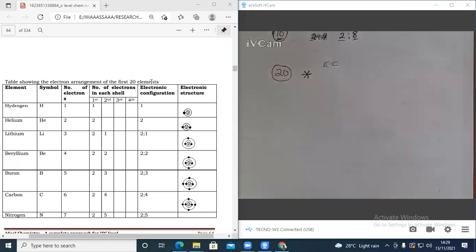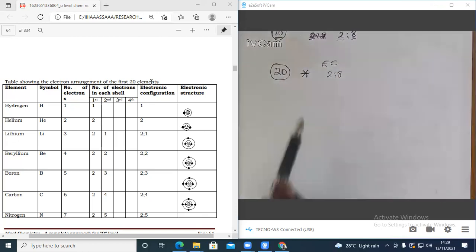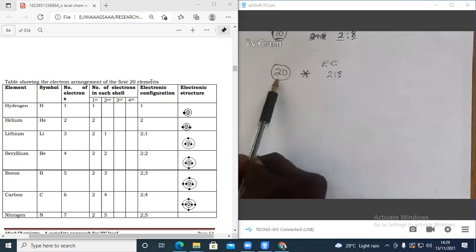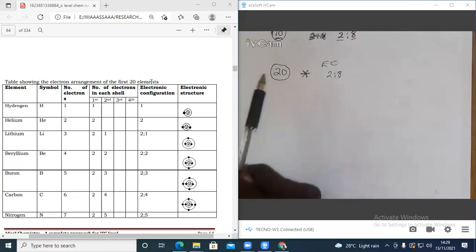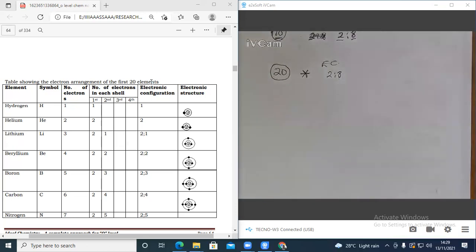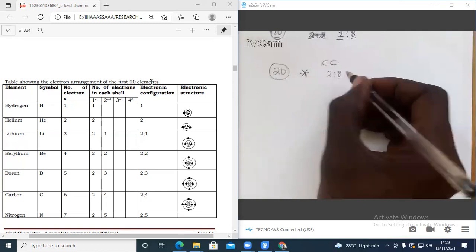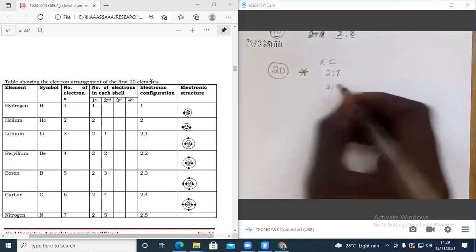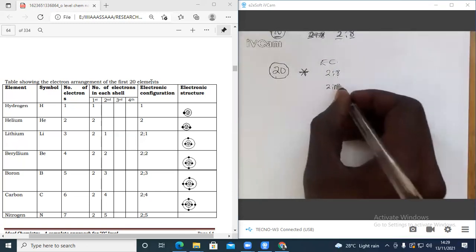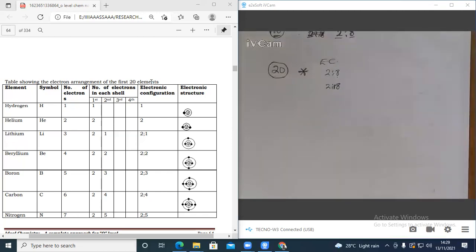I've written 2 to 8. If you add 2 plus 8, you get 10, not 20. Give me the correct answer. 2 to 18. Like this, 2 to 18.